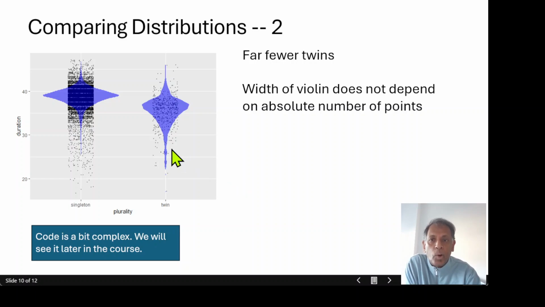However, the violin plot still shows you the distribution that you can compare across the two, irrespective of the fact that there are far fewer of one than the other. That's the benefit of the violin plot. The width of the violin does not depend on the absolute number of points. So that's really useful for comparison.